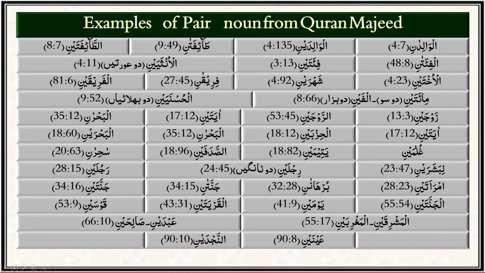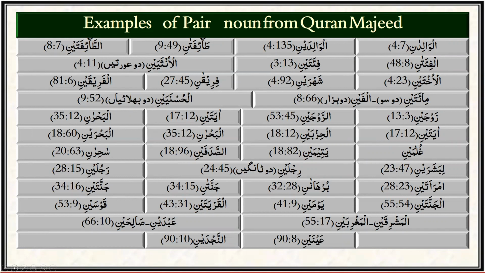Al-walidani, al-walidaini, ta'ifatani, ta'ifataini, fi'atani, fi'ataini, unthayayni, ukhtayni, shahrayni, fariqani, fariqayni, mi'atayni, husnayayni, zawjayni, hizbayni, bahrayni, jannatani, qaryatayni, aynayni, al-najdayni, imra'atayni.